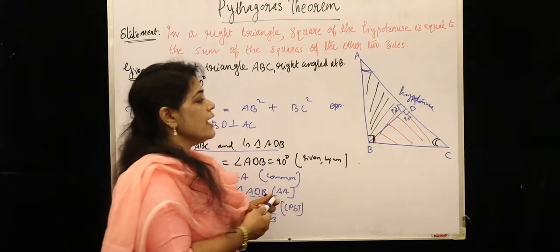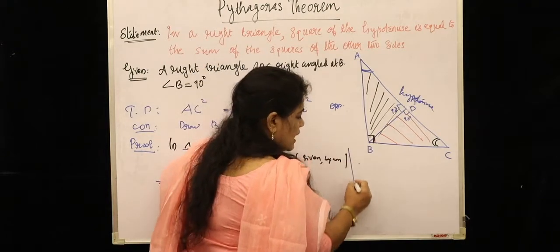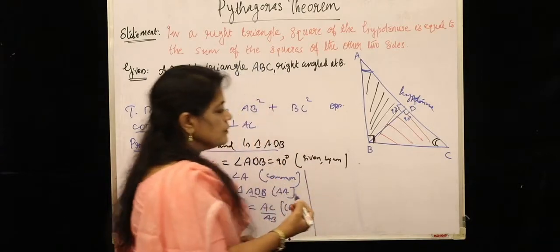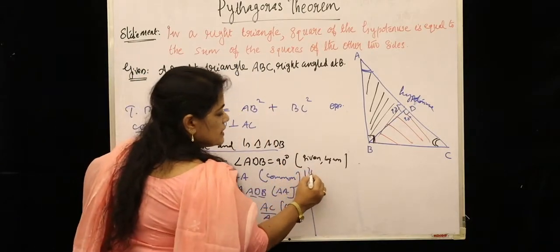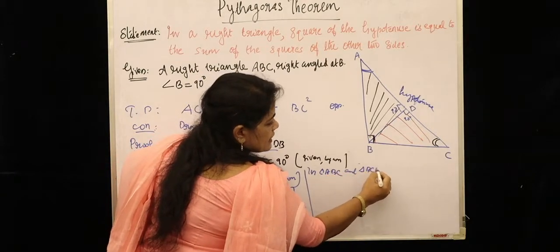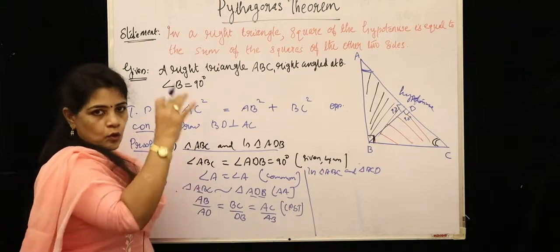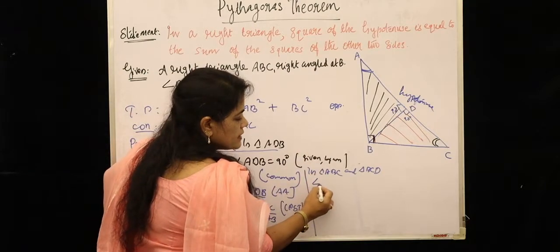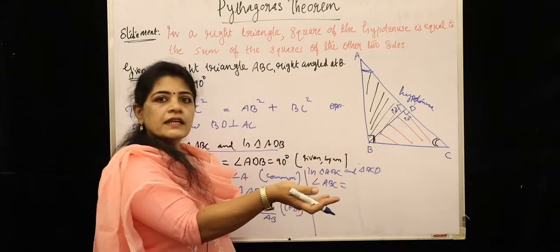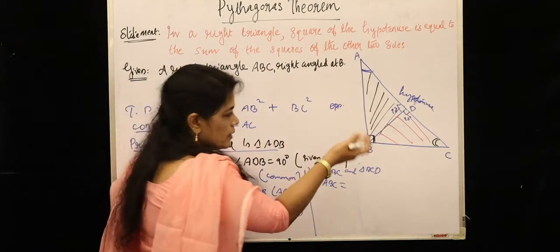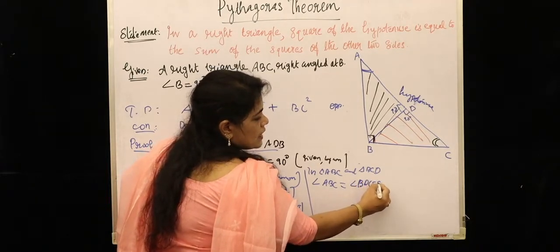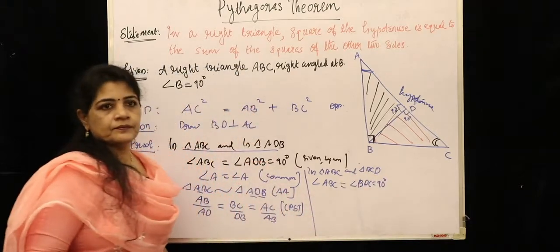So in triangle ABC, this is the second part. That means in triangle ABC and triangle BDC, the red triangle and the whole triangle, you can see angle ABC, this 90 degree, equal to which angle is 90 degree in the second triangle, the right triangle, by BD, that is angle BDC equal to 90 degree.